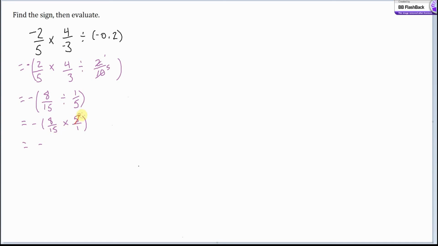So 5 goes into 5 one time, 5 goes into 15 3 times, and now this is going to be much easier. 8 over 3 times 1 over 1. Wow, that is very simple.